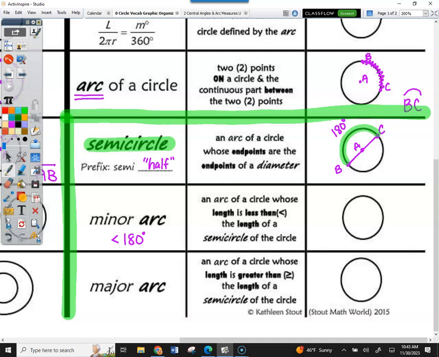So we are going to draw the exact same picture as our semicircle, but we're going to highlight a different section, okay? So we're going to draw circle A with diameter BC. And then we are going to put another point on here. Let's put it right here. We'll call it D.